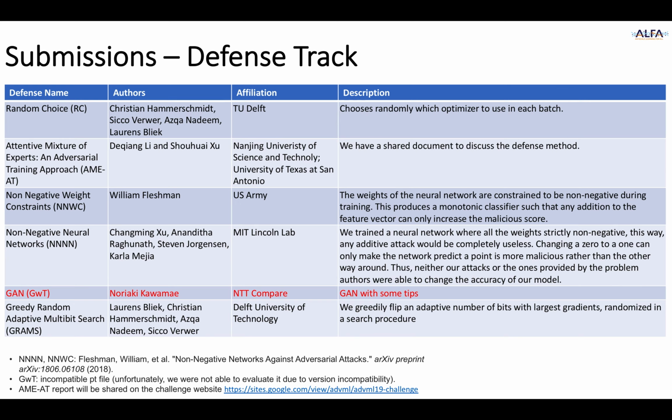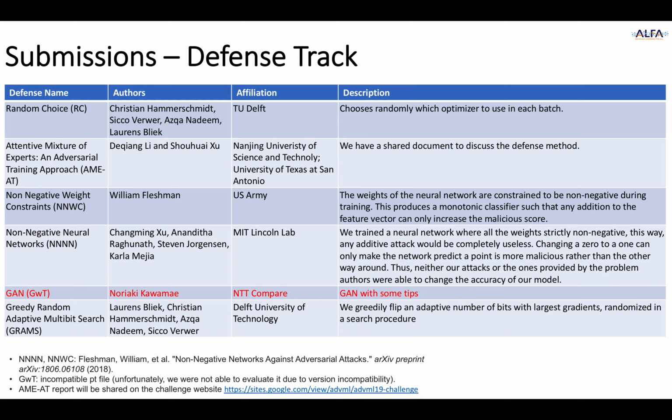What's interesting is that some of these methods, although they came independently from different authors, share the same kind of idea, which is non-negative neural networks. Other submissions looked at generating an ensemble of models, where the decisions are aggregated based on the attention mechanism.